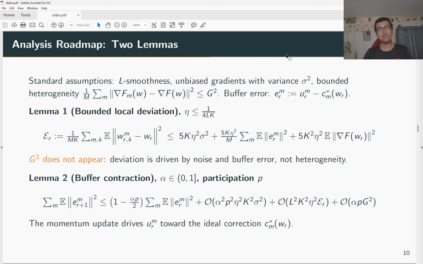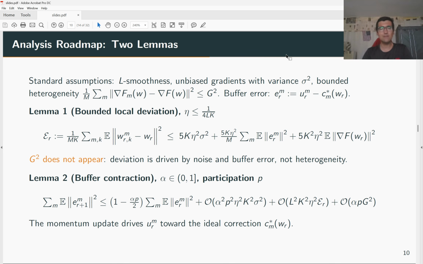The analysis here mainly lies in standard assumptions, L smoothness, unbiased stochastic gradients with variance sigma squared and bounded heterogeneity g squared, and it tracks one central quantity, the buffer error E sub r super m, the gap between each client's buffer and the ideal correction.